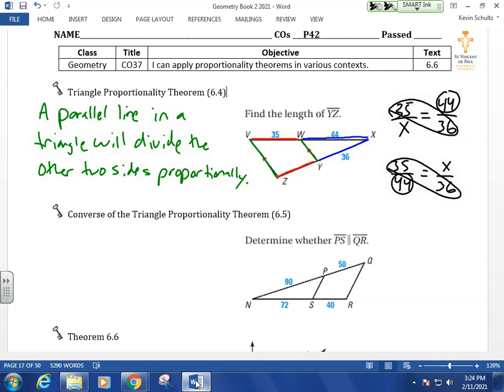So 35 times 36, quick maths, is 1260, and divide that by 44, and we get a value of 28.63. That didn't work out very evenly.